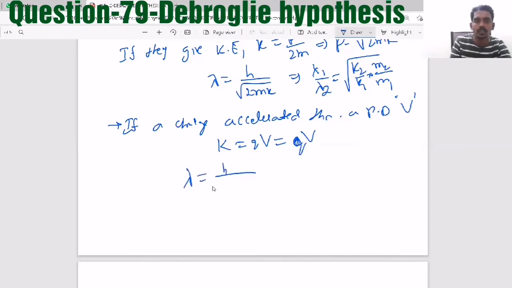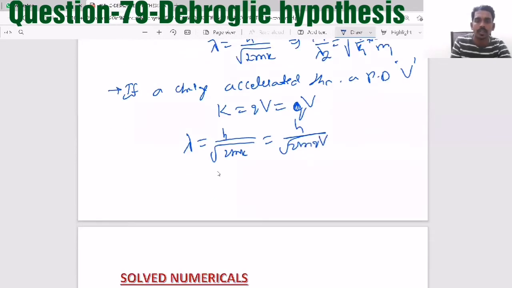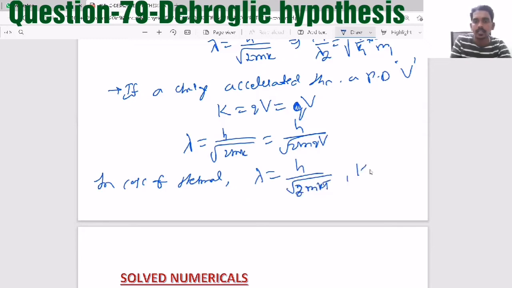Then lambda equal to h by root 2mK equal to h by root 2mqV. And in case of a thermal neutron or gas molecule, lambda equal to h by root 3mkT, where kinetic energy equal to 3 by 2 kT, where k is the Boltzmann constant and capital T is temperature.